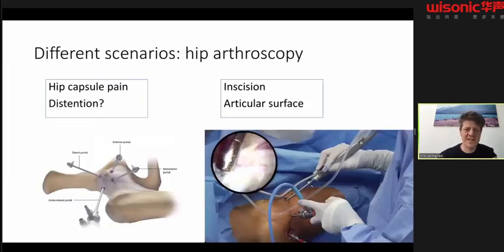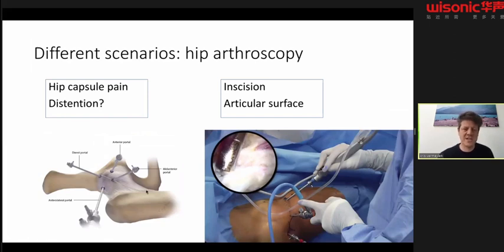For instance, and Philippe showed this as well, you can imagine if you're doing a hip arthroscopy, the incisions of the skin are only very small. So the importance of the cutaneous innervation is much less than if you have big incisions.